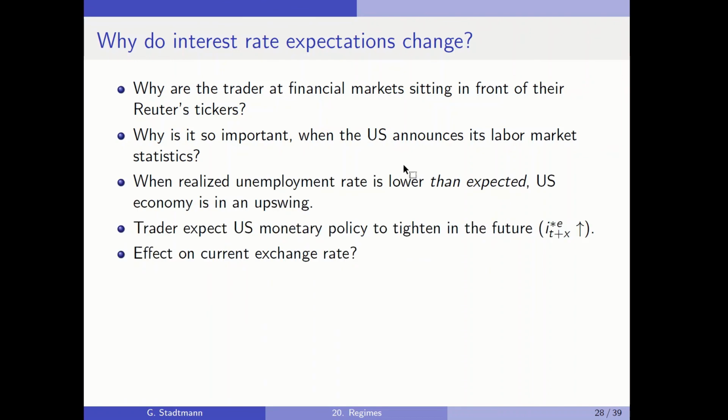When, for example, the realized unemployment rate is lower than the expected unemployment rate, the traders get the information that the US is in an economic upswing. Then traders immediately expect that US monetary policy will tighten in the future, so that in the future the foreign interest rate will increase. What is the effect on the current exchange rate?